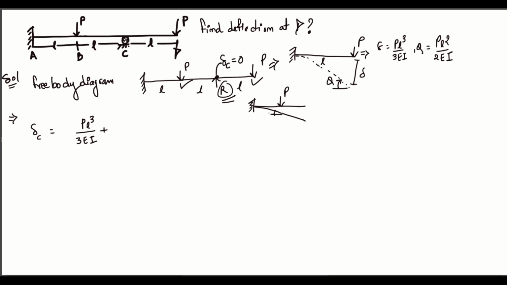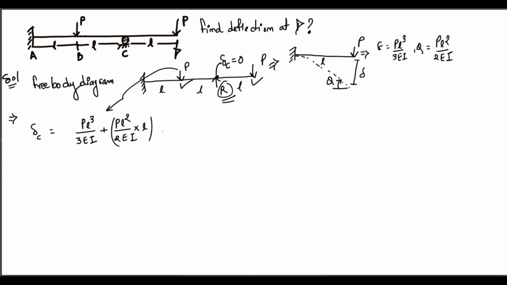So the rotation at this point and this point will be equal, and the extra deflection will be theta multiplied by L. Okay, so we will use this formulation in the above formula. So PL cube upon 3EI multiplied by PL square upon 2EI into L.